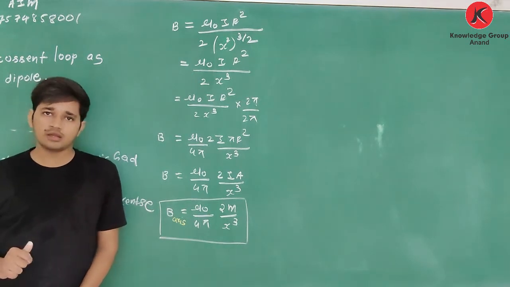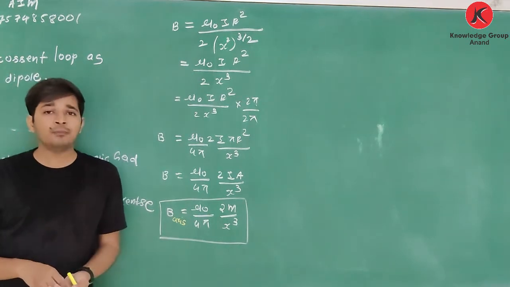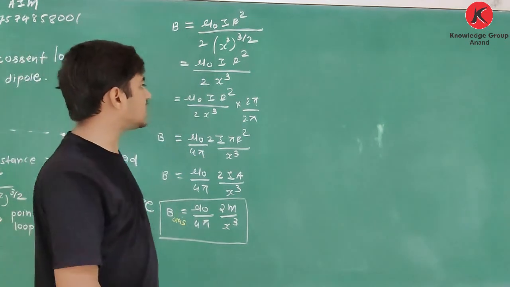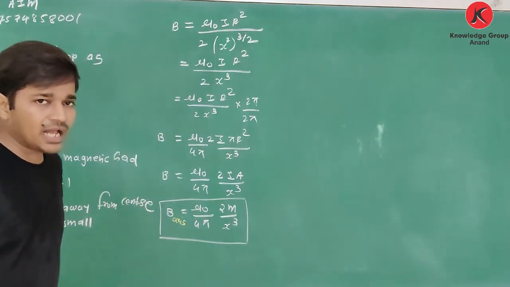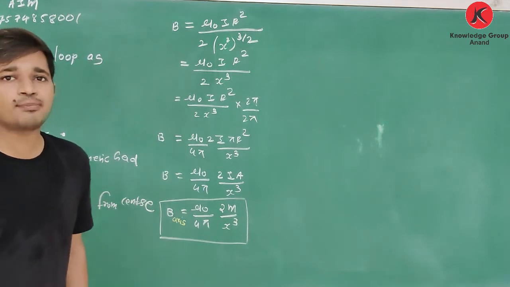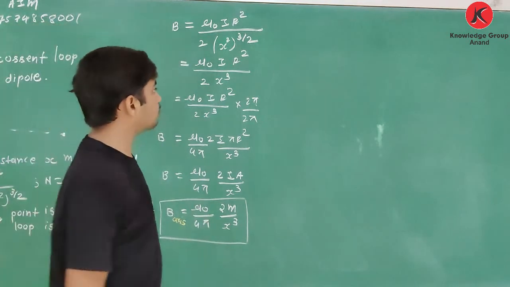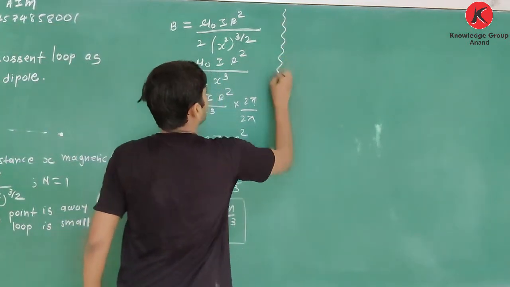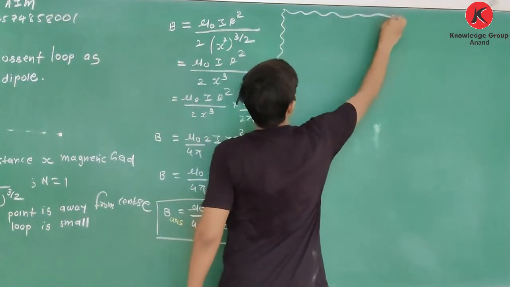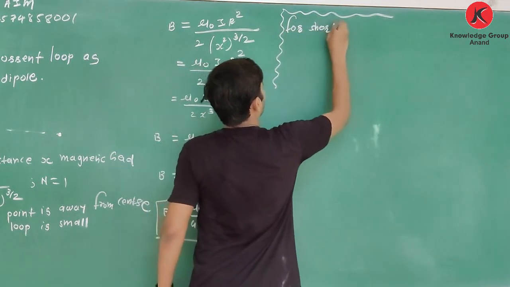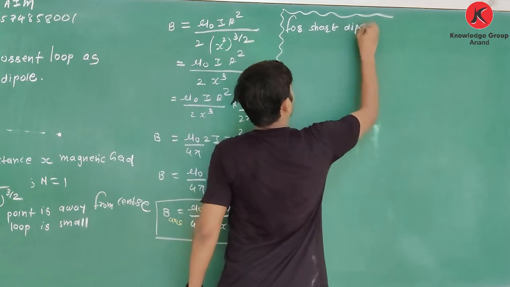Clear about this? Now remember chapter number 1, electric charges and fields. Remember the case of an electric dipole. Remember the electric field on the axis of a dipole, for a short dipole.